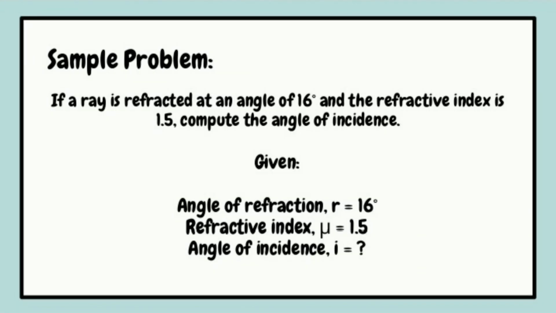For the sample problem, if a ray is refracted at an angle of 16 degrees and the refractive index is 1.5, compute the angle of incidence. For the given, the angle of refraction R is equal to 16 degrees, the refractive index equals 1.5, and the angle of incidence is missing.